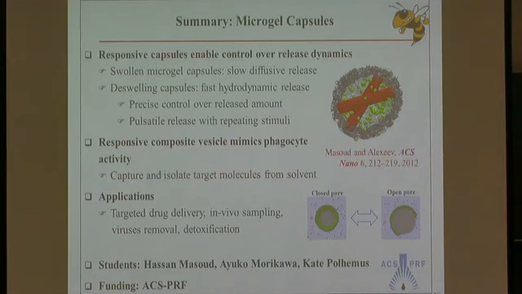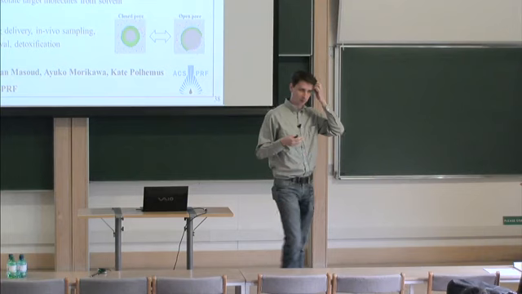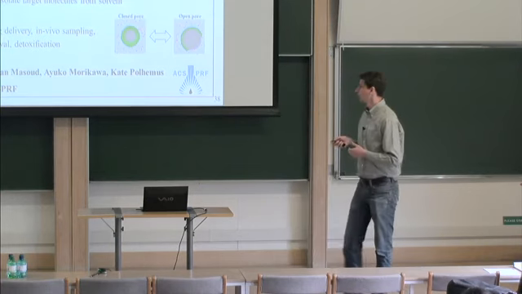We can use this, for example, to remove some viruses from the body, if we can functionalize, or we can just do some sampling in a very specific location. We can put these guys in our bloodstream and tell them to capture when they pass some specific place, so you will know exactly where you got this sample from, right? So it's maybe a very interesting idea.